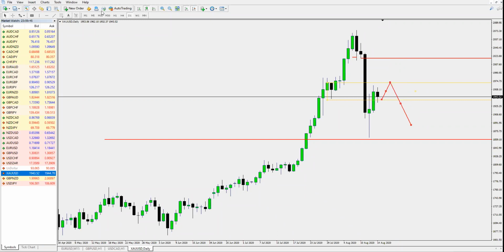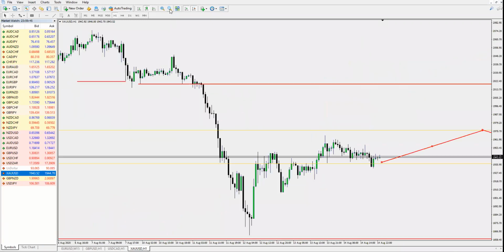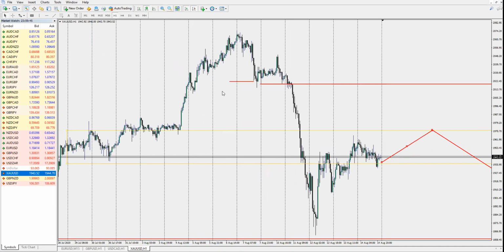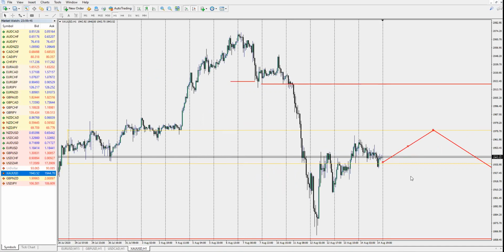Now, when you go down to a 1 hour time frame on gold and you add those days, there may even be accumulation building up for Monday next week.